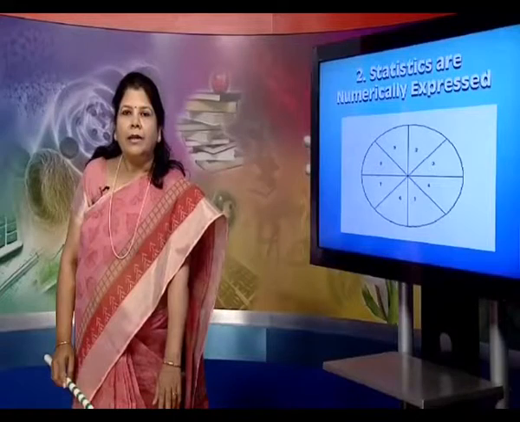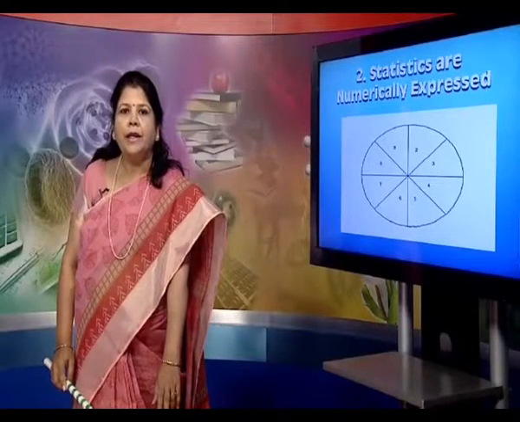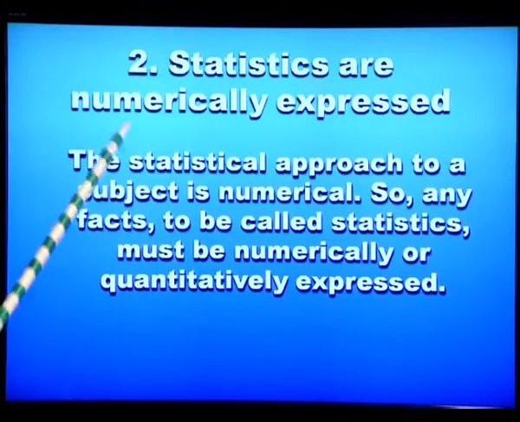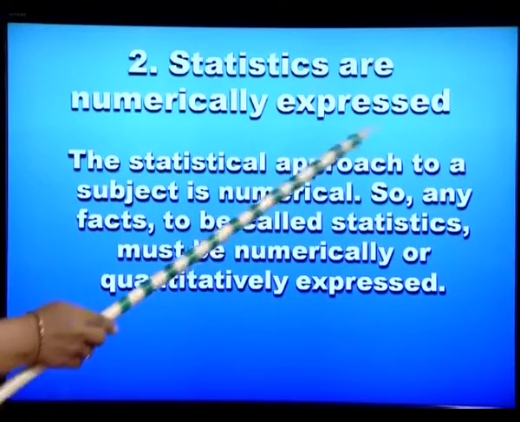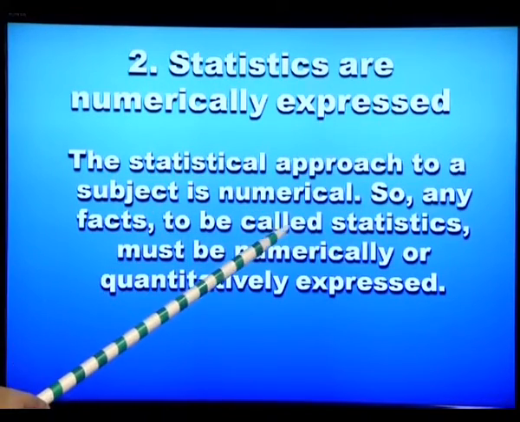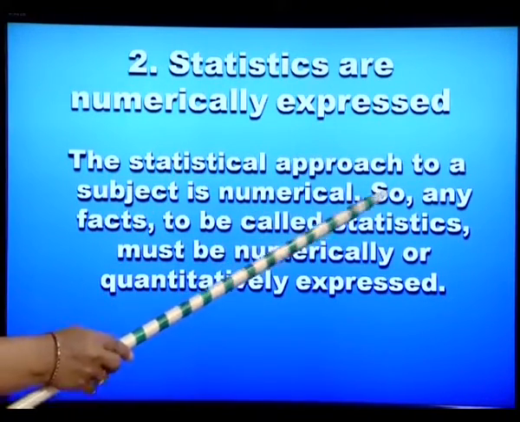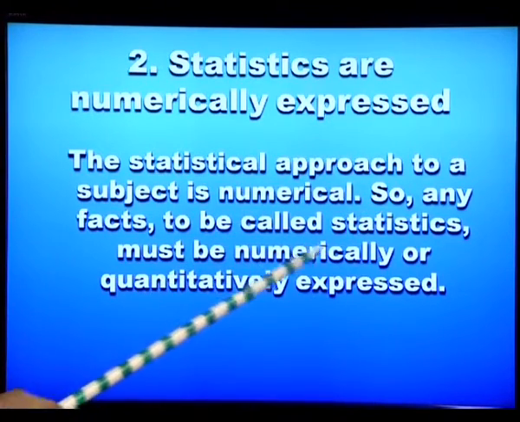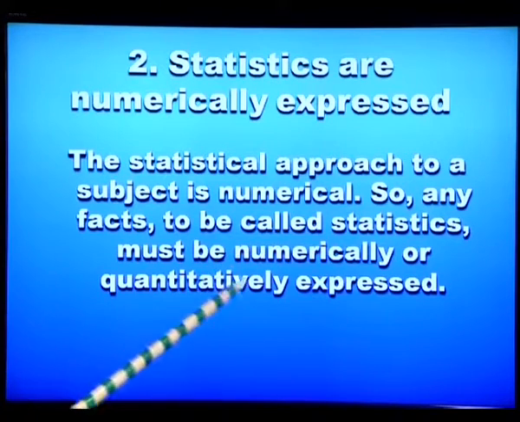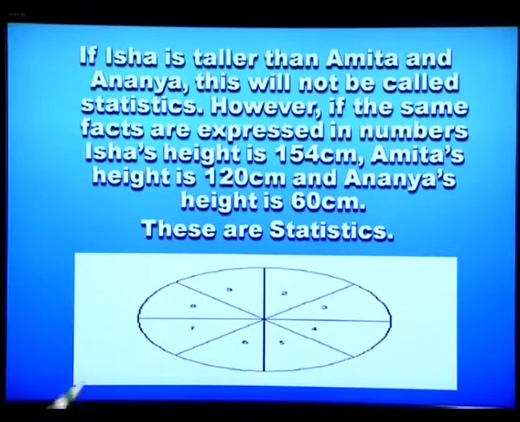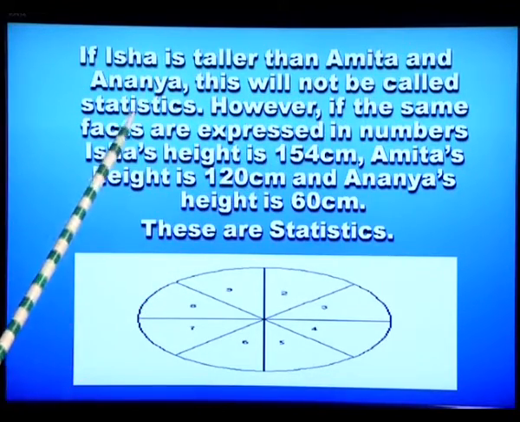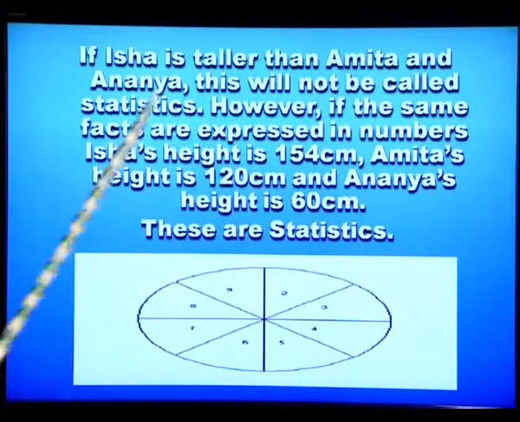So, statistics are numerically expressed. Let us understand what this means. That the statistical approach to a subject is in itself numerical. So, any facts to be called statistics must be numerically or quantitatively expressed. If Isha is taller than Amita and Ananya, this will not be called statistics.